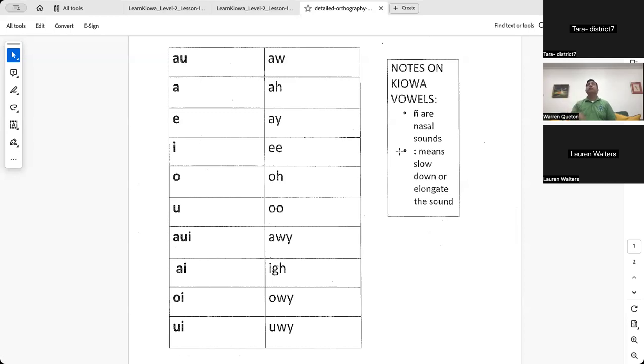Lauren, you don't have to unmute your mic if you don't want to, but you can practice those sounds, even with your kids there. When you see the E, it says A, as in say, or nay, or day. There you go. Can you say that? There you go, Jackie.